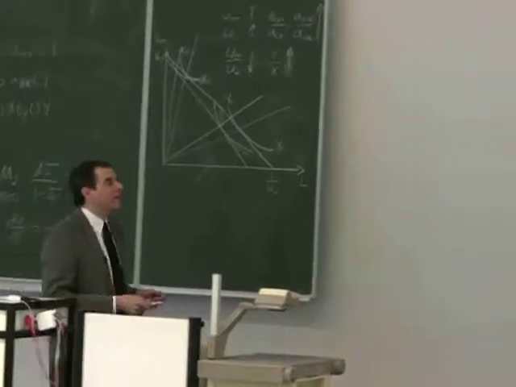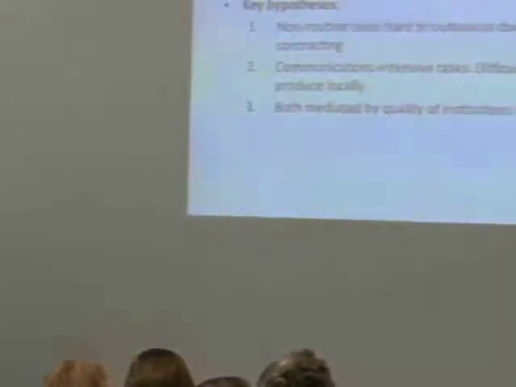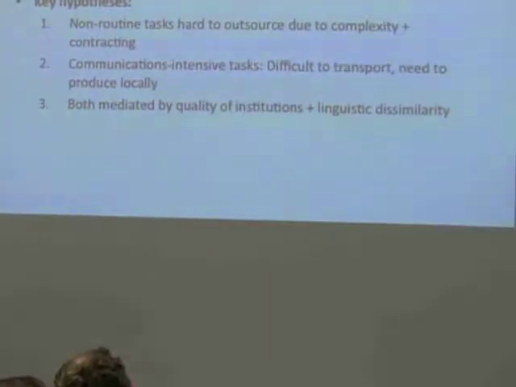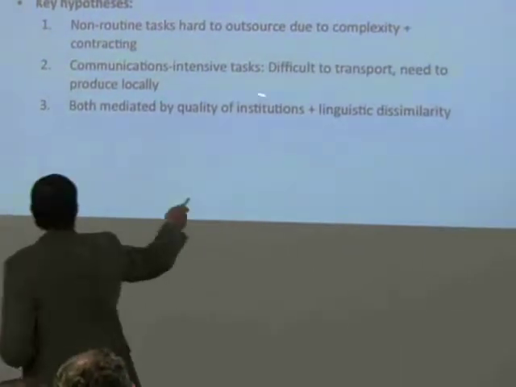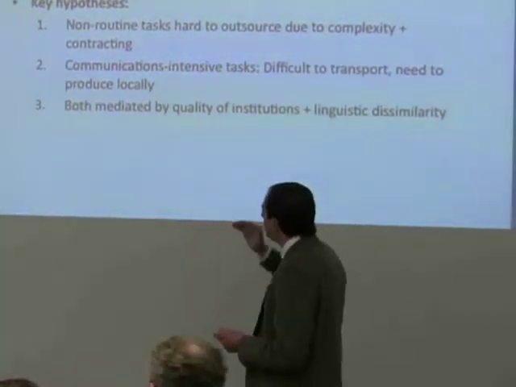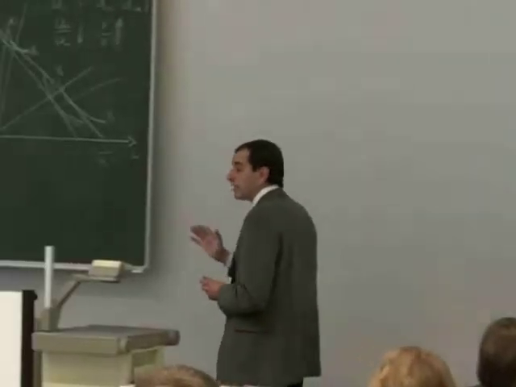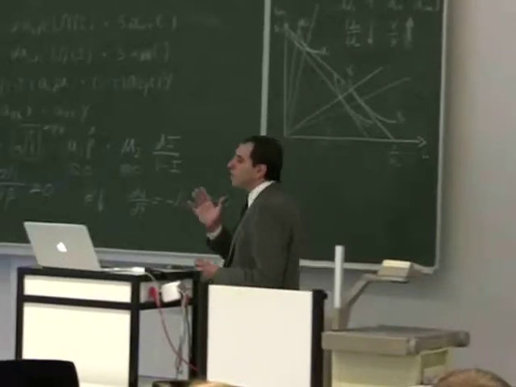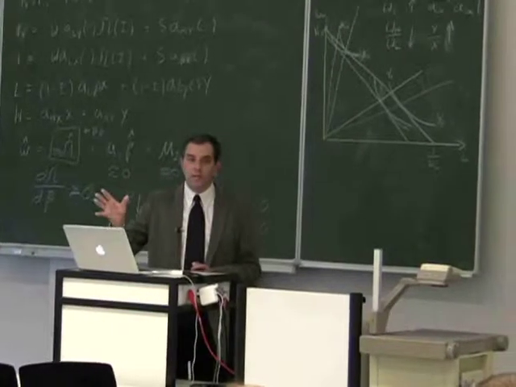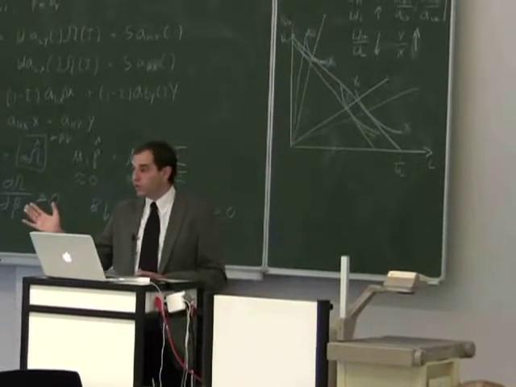And then both of these things might be mediated by the quality of institutions and linguistic dissimilarity. If you're doing FDI into a country that has good governance and good legal regulations, you can be relatively confident that if you set up your organization there, it may work like it works in your home country.